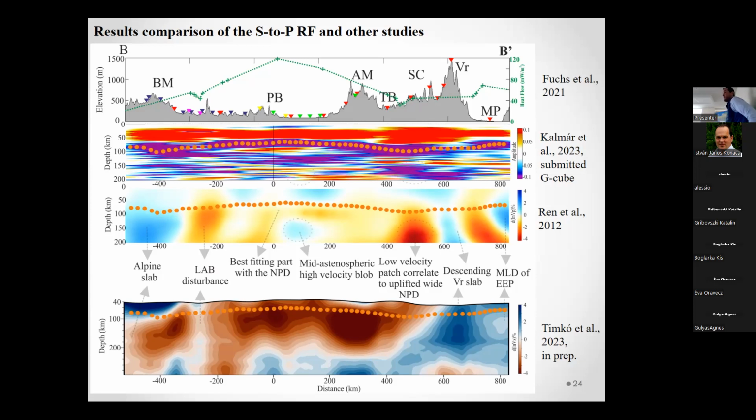I was wondering whether it's a data resolution issue or whether it's for real. I think this is real. You can even see it in an anisotropy picture. So it seems to be something, but you are right. Okay, but the data coverage is good in this area, I think. Yeah, that's what I wanted to hear.